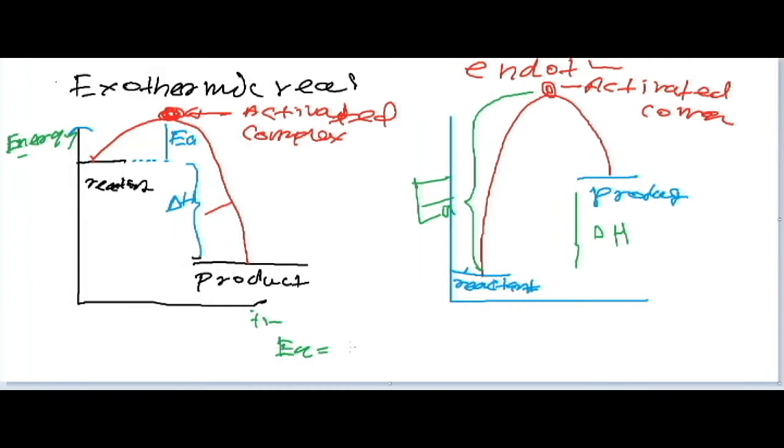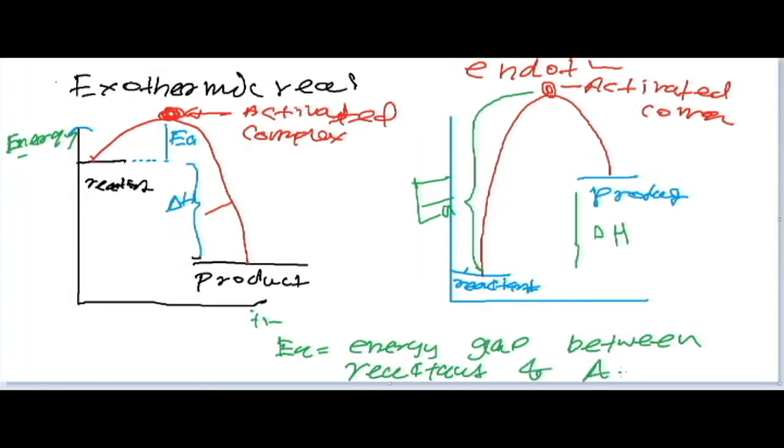EA equals energy gap between reactant and activated complex. This is the definition. Just try to understand this simple thing.